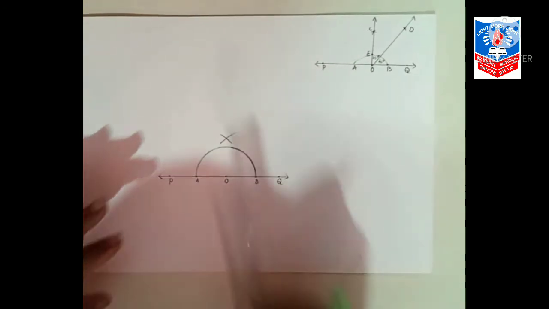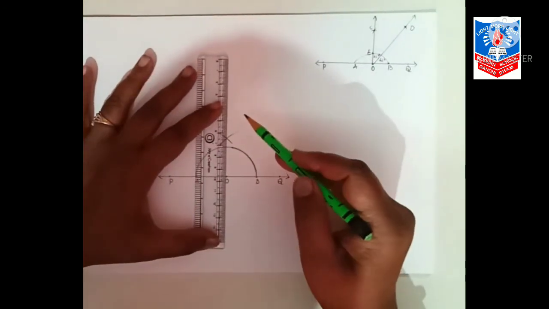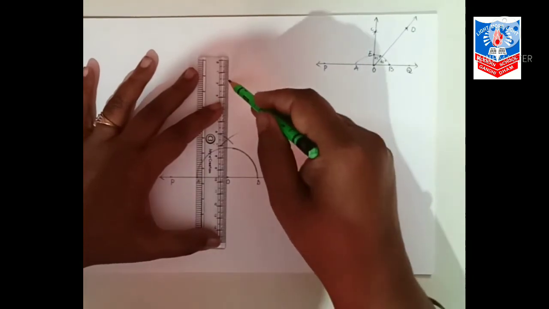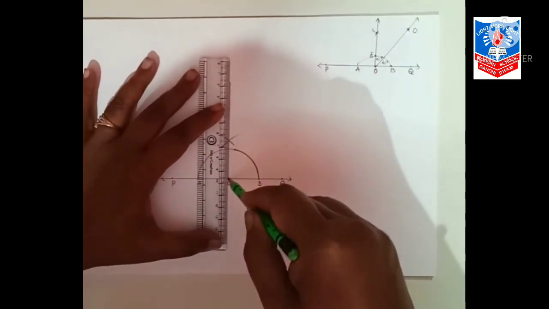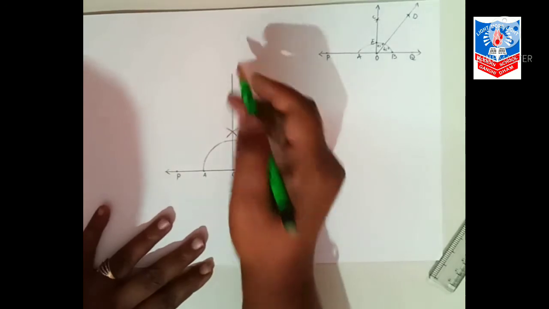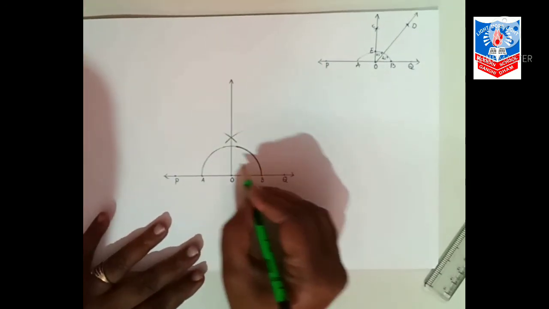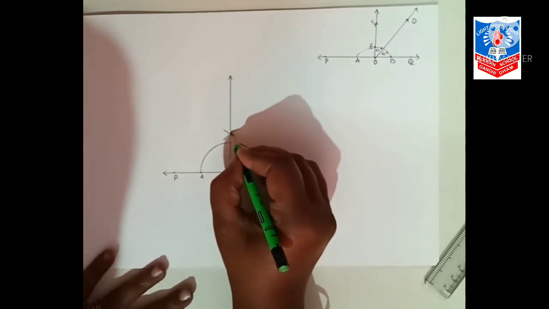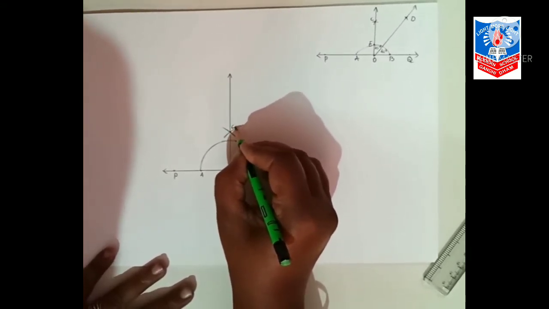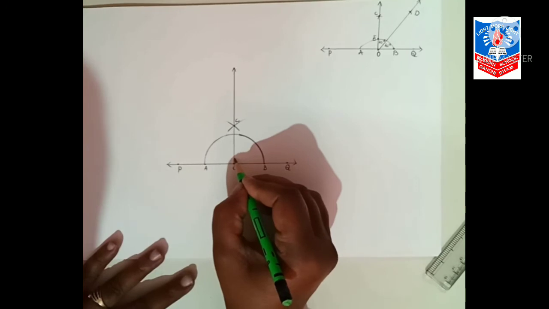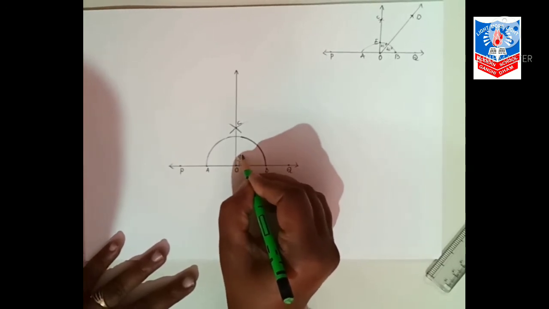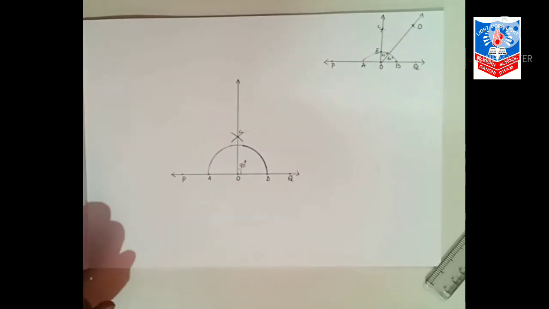Now join these intersecting points. See, this is a 90 degree angle. Give the name C here. This is a 90 degree angle. Now what do we have to do?